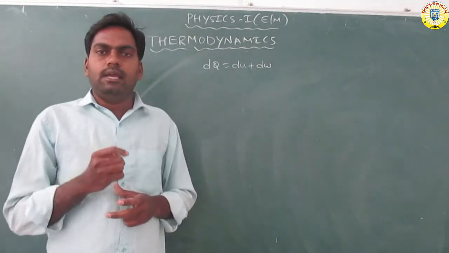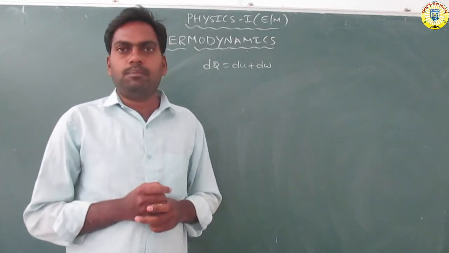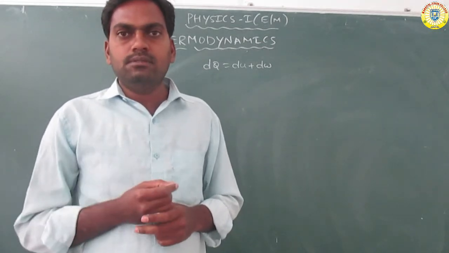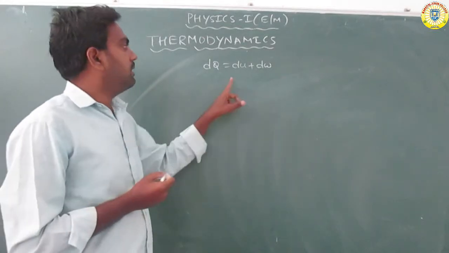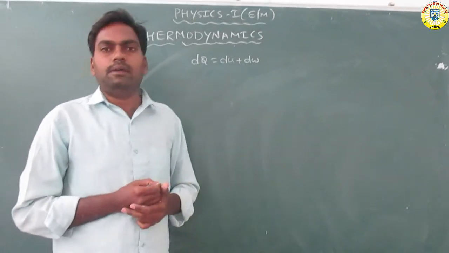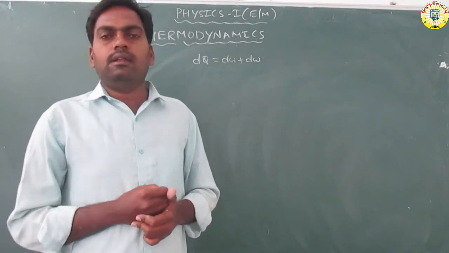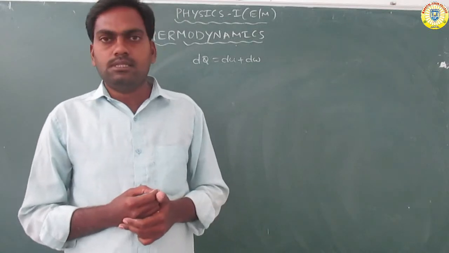The amount of heat supplied to the system is utilized in increasing the internal energy or temperature, that is dU. And the work done by the system is dW.